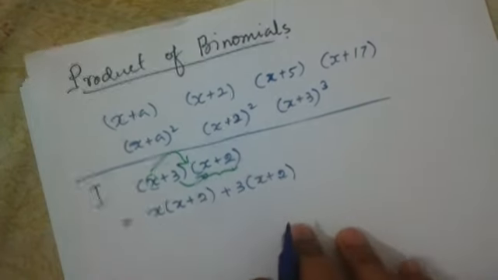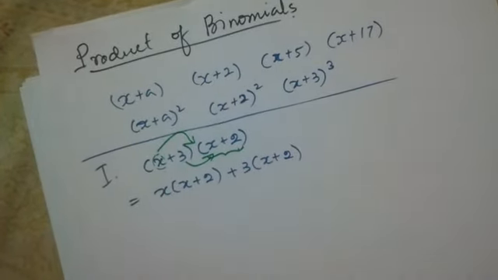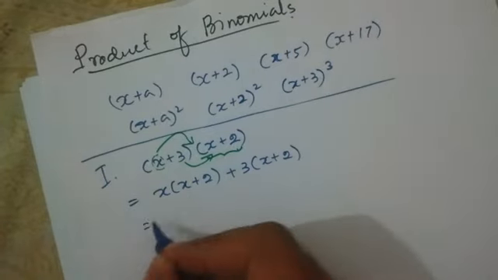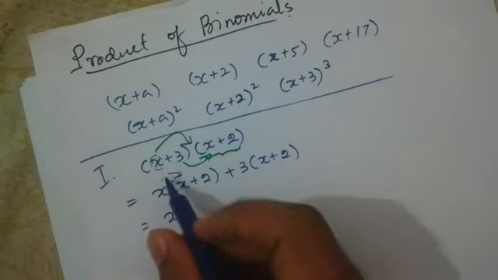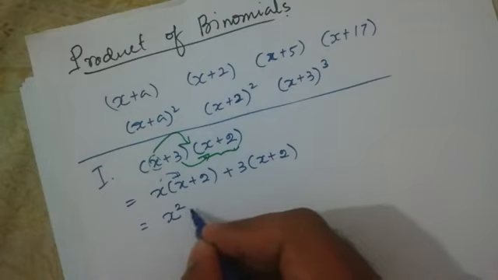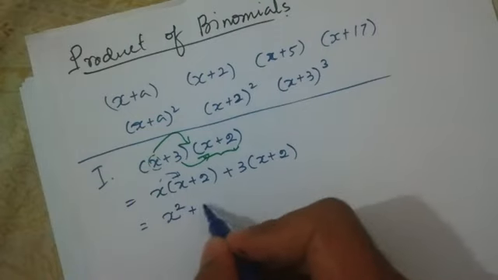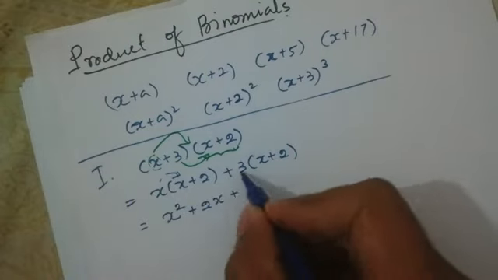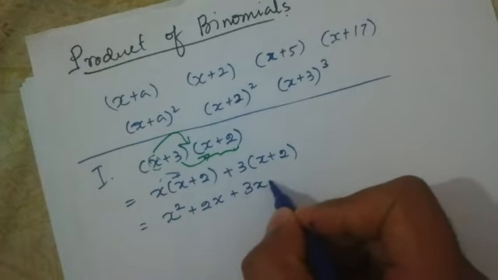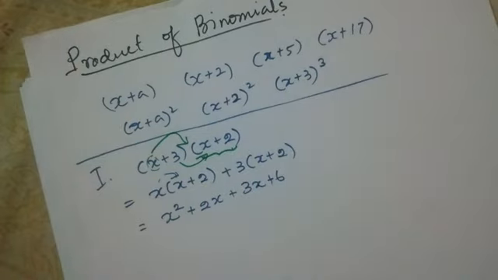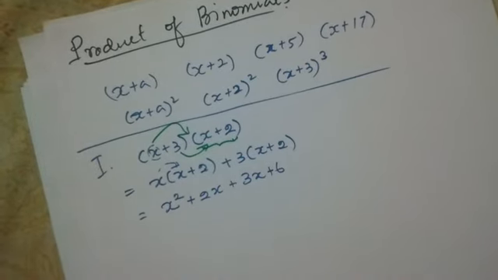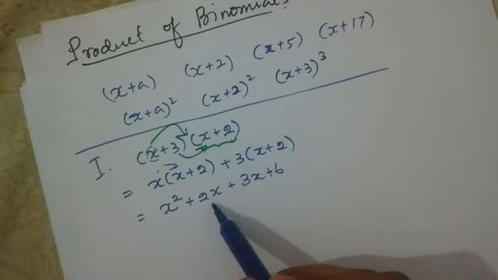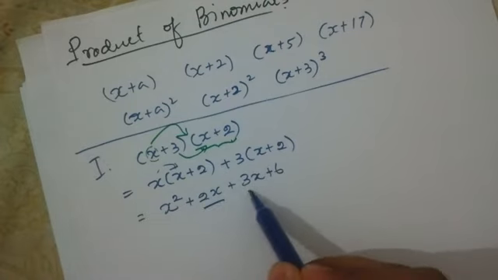Okay, now it's just normal multiplication, like any usual multiplication. x times x is x squared, plus x times 2 is 2x, plus 3 times x is 3x, plus 6. Now you have two like terms, 2x and 3x.